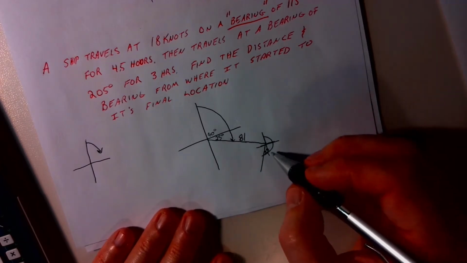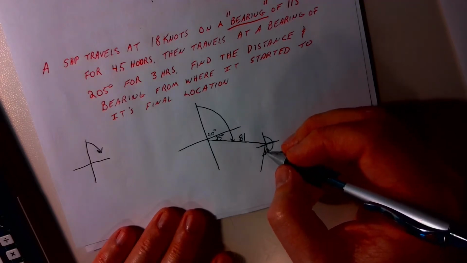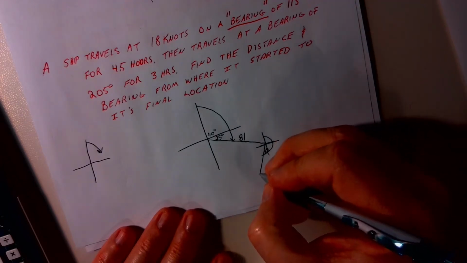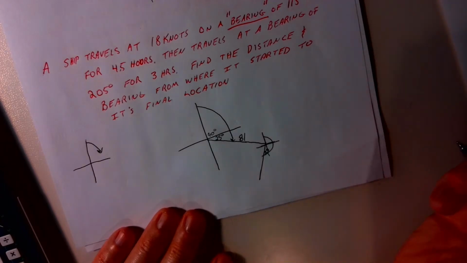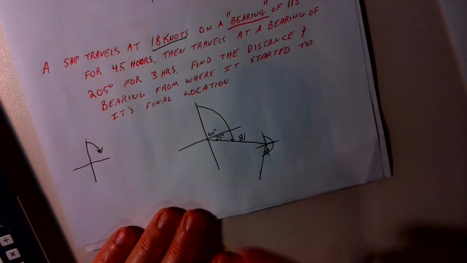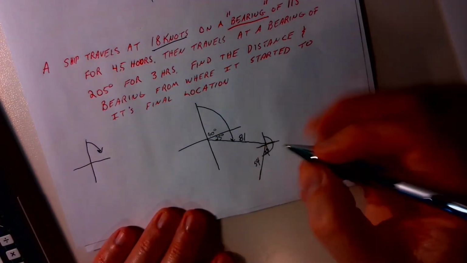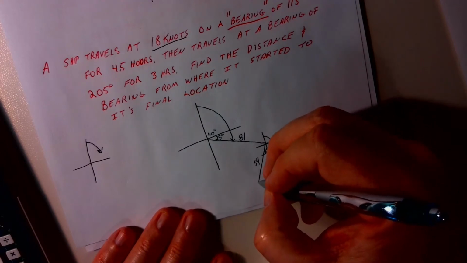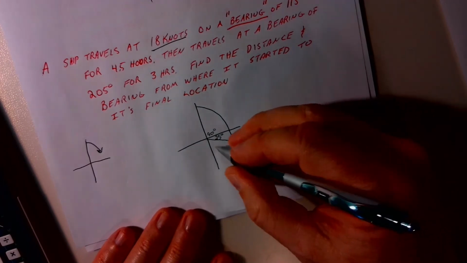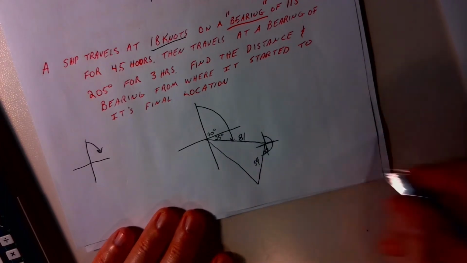It takes me to a 25 degree angle right down there, and I now know that this is going to go for, what does it say, 3 hours? The speed's going to stay the same, so it's still 18 knots. So 3 times 18, 54, so this one's going to go at 54. And I'll make it kind of about the right distance. That one's 81, that needs to be a little bit longer. 54 is a little bit shorter.